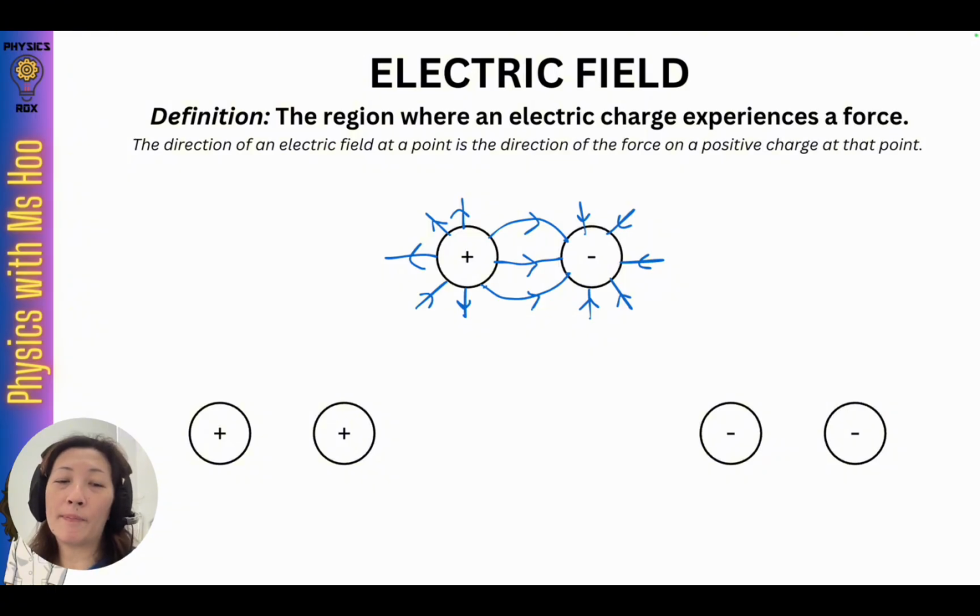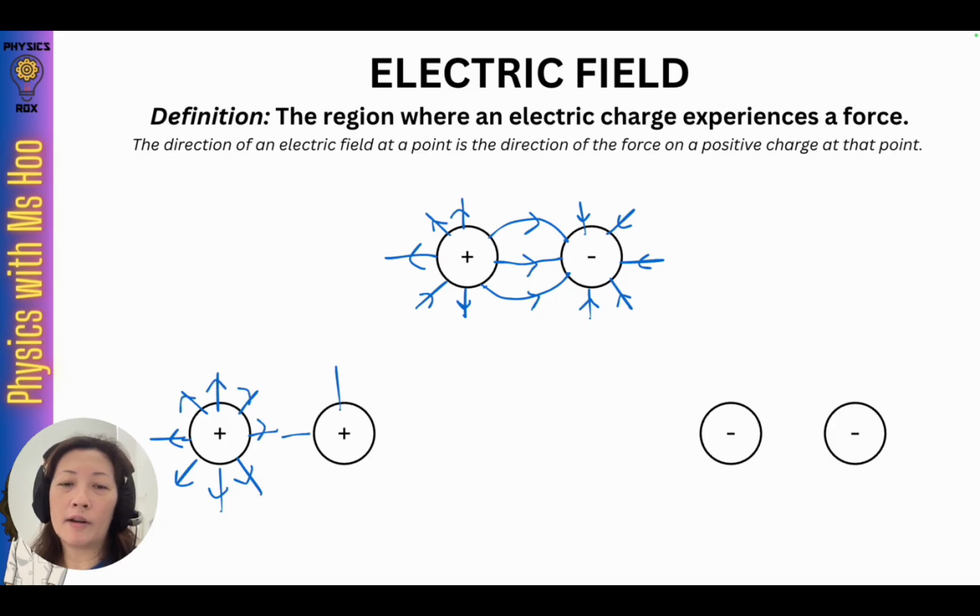Now let's look at what happens in the pair of positive charges. So again, observe first. You'll find that for positive charges, the field lines are going outwards in all directions. So I'm just drawing the field lines first so that you can visualize what's happening.